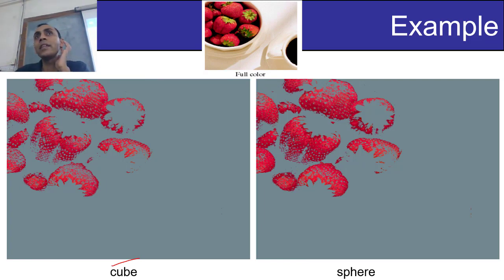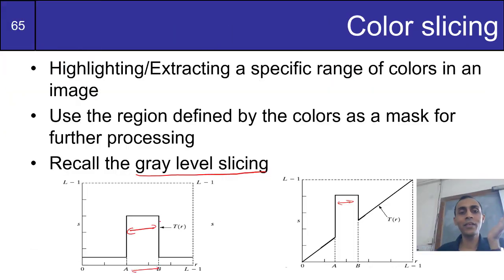We could have done this in HSI space. How? We should have taken only the hue component, because if you are only interested in a particular color, it is captured only by the hue component. So you could have just used simple gray level slicing on the hue component itself.